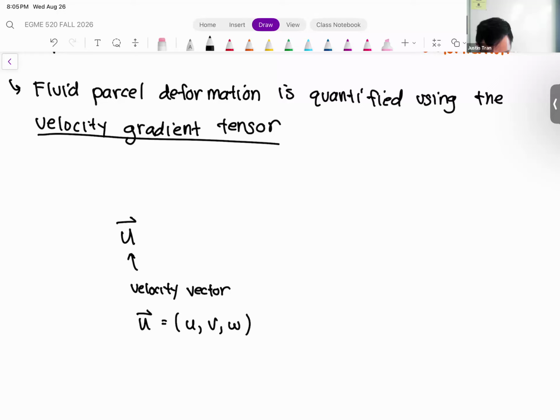And so we're going to take the gradient of this. When you take the gradient of something, we use this upside down triangle here, which we call nabla. So this operator right here is the gradient operator.